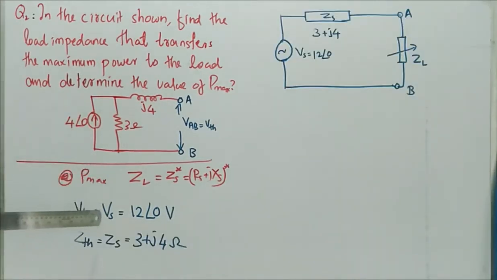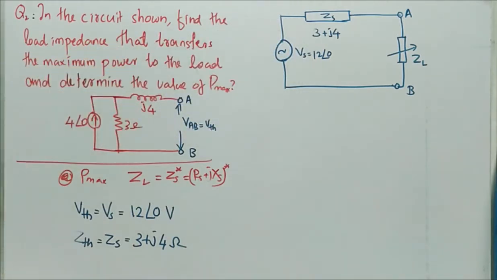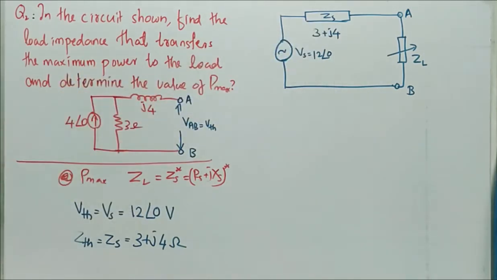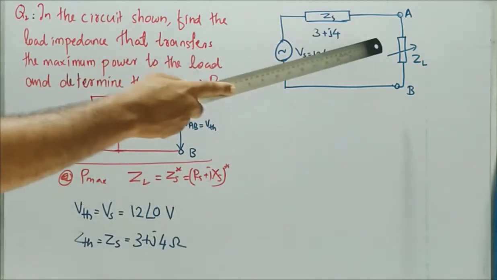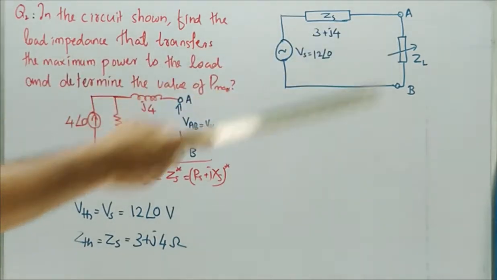After obtaining Vs and Zs, we can draw Thevenin's equivalent network. Here Vs is 12 angle 0 and Zs is 3 plus J4. Across these open circuit terminals, we can connect the load impedance ZL. The question asks for the condition for maximum power from source to load.